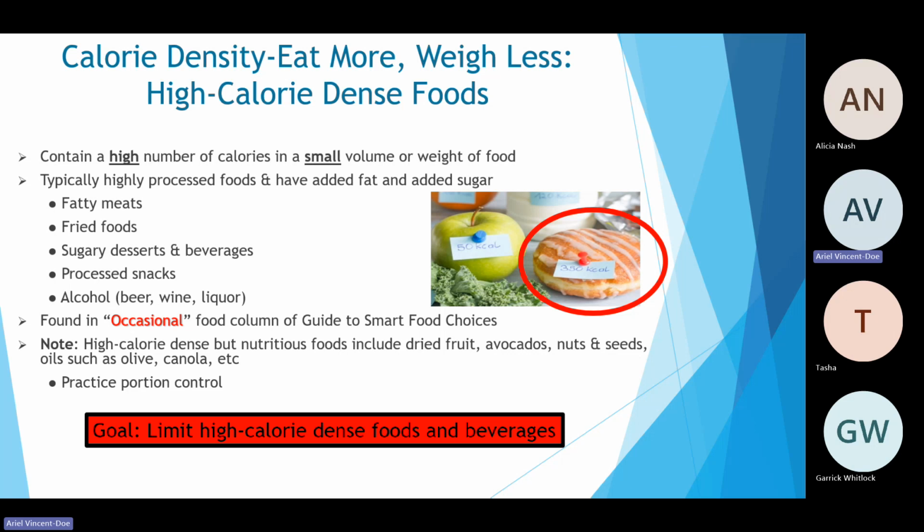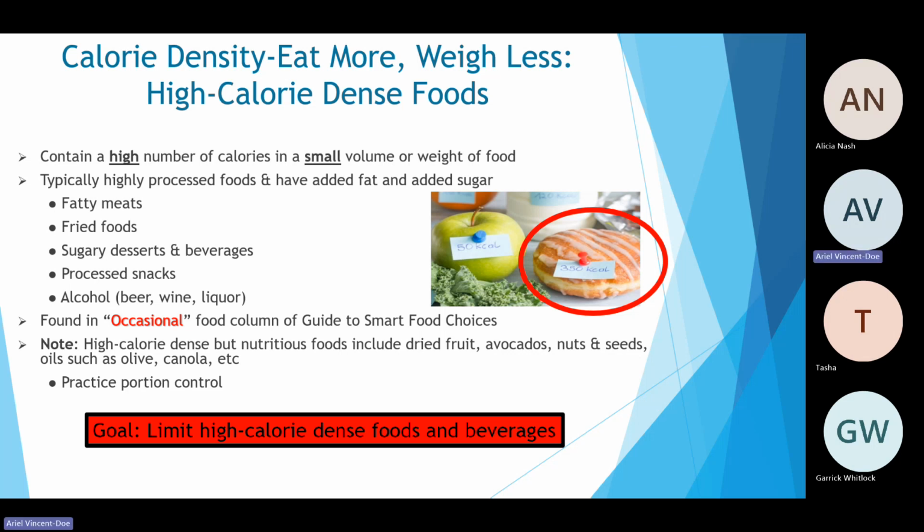So when you think about that, think about fatty meats, fried foods, sugary desserts and beverages, processed snacks, alcohol, which includes beer, wine, and liquor. It is found in the occasional food column of your guide to smart food choices.